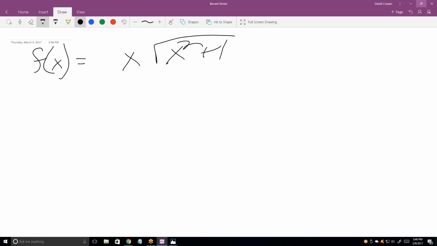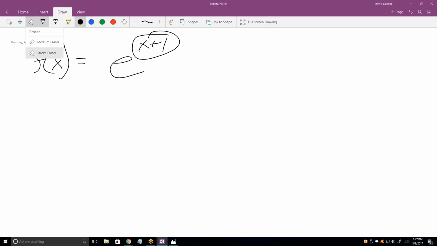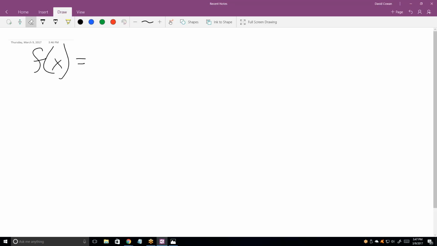X squared plus 1. Yeah, and that's the case with most of them. If I gave you this, what's the inside going to be? E. Nope. E to the x plus 1. Just the x plus 1. Okay? So it's not always easy to figure out the inside. And the two most difficult problems I can think of are these two.